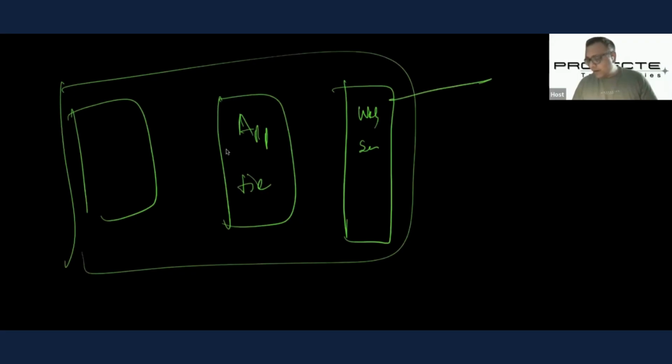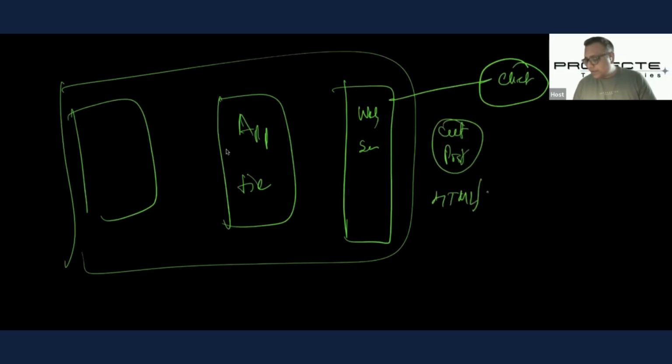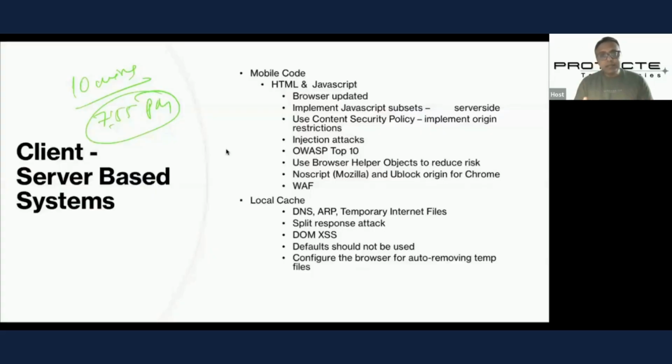So you have a client which is accessing your web application. You get certain information, you post certain information using HTML. So you interact with the web server using the HTTP protocol. HTML and JavaScript are the two languages that are understood by your browser, so the browser communicates with the web server using HTML and JavaScript.